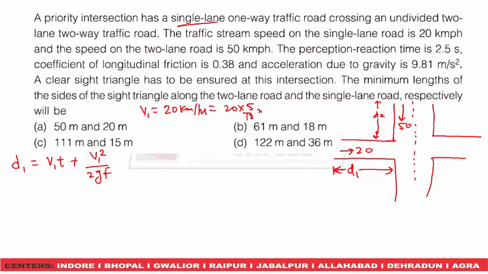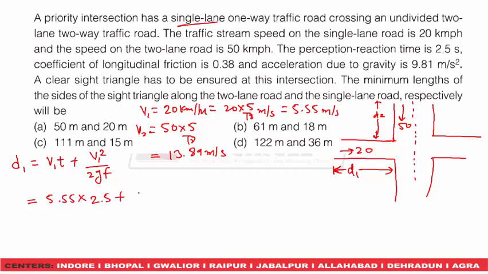So it is 100 by 18, that is 5.55 meter per second. Similarly, V2 will be equal to 50 into 5 by 18, that is 13.89 meter per second.